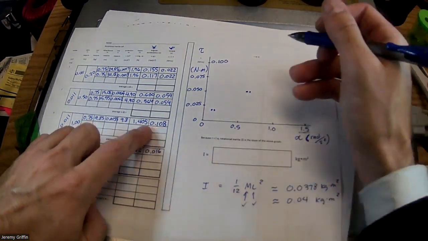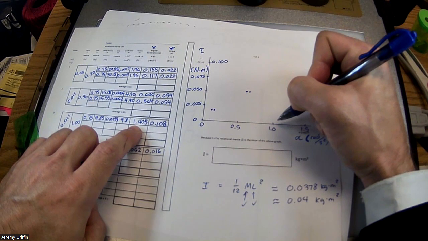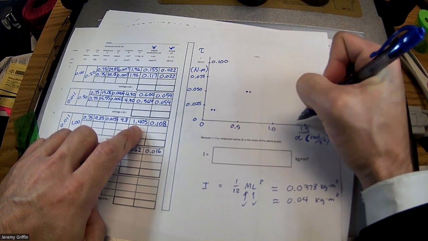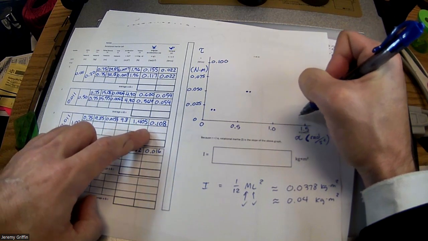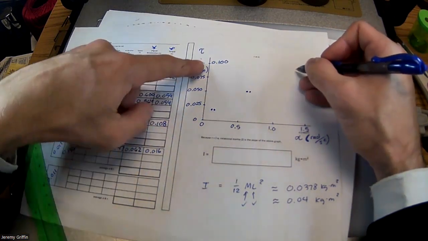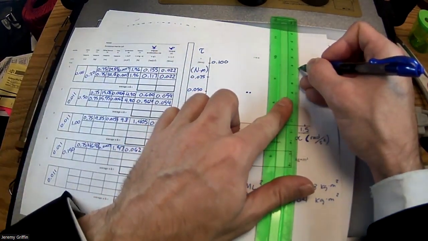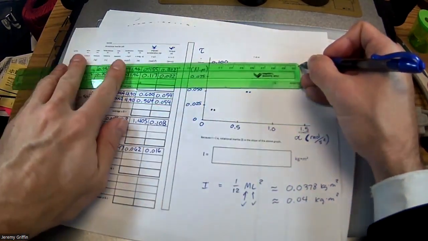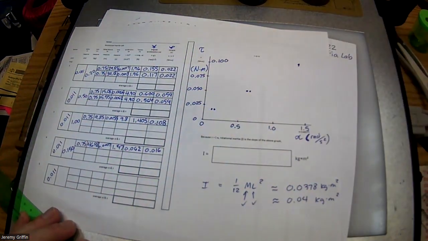And then when the angular acceleration was 1.4 something, right? The torque that caused that was 0.108, which is just a shade above the largest number I have here. So that is going to be, I think, pretty close. It's going to be right about there, pretty close to.